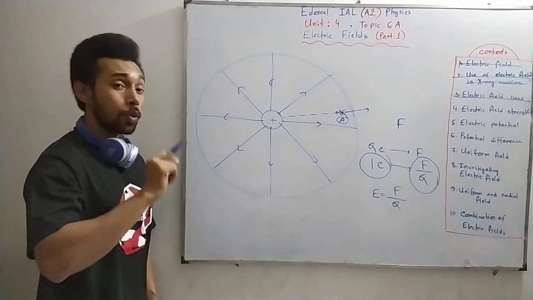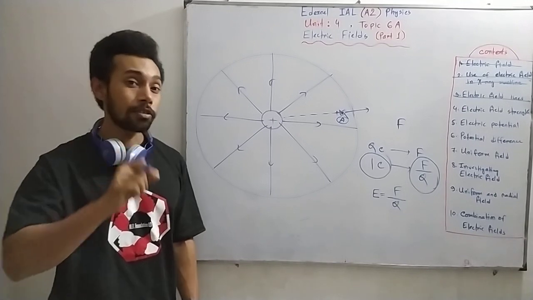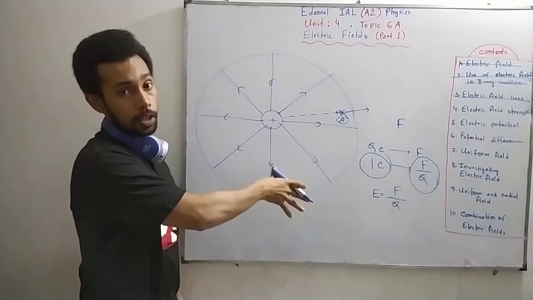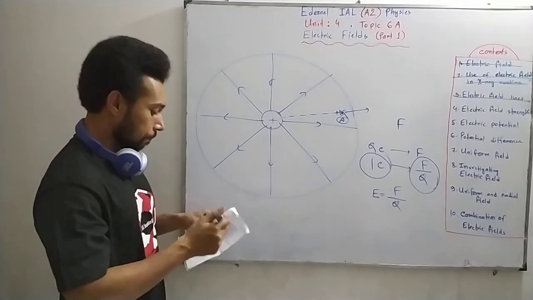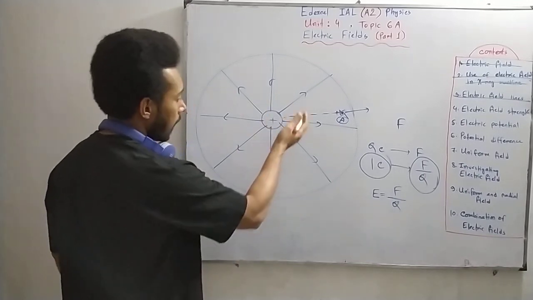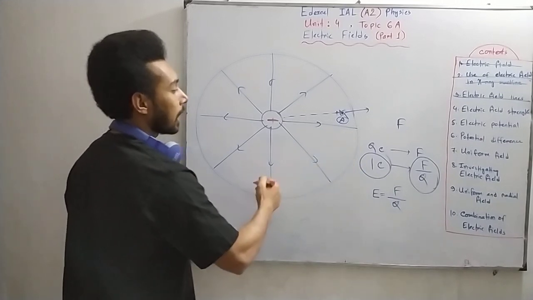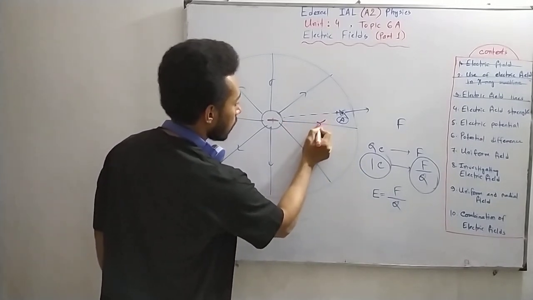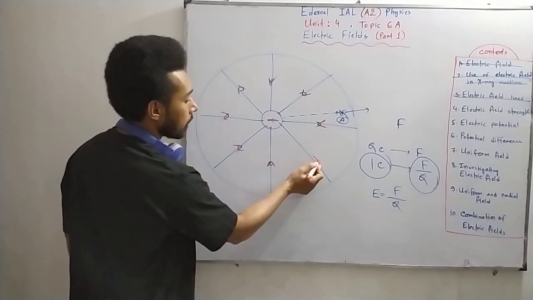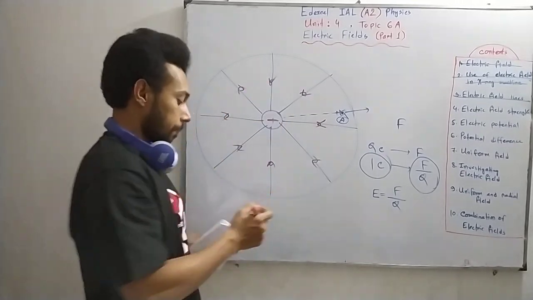The force experienced by unit charge at that point is called the electric field strength of that particular point of the electric field. And if we consider that the object has negative charge, then the direction of the field will be inwards. You have to remember that the direction of electric field is always from positive to negative.